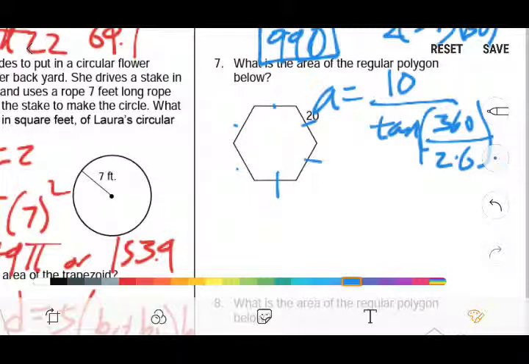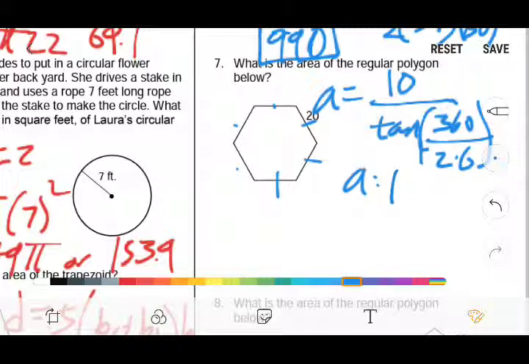This formula is on the board. I give that to you. So your apothem is 10 divided by tangent of 360 divided by 12, which is 30. So 10 divided by tangent of 30 is 17.32.